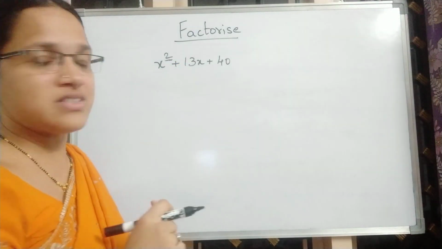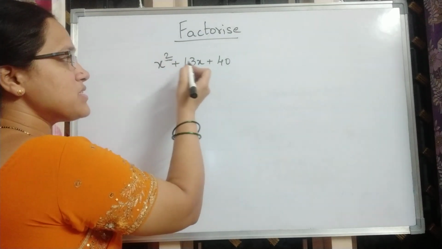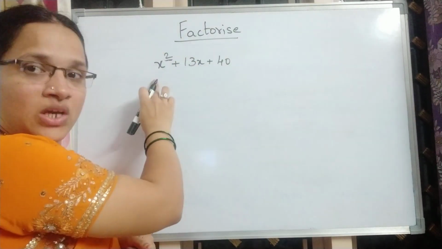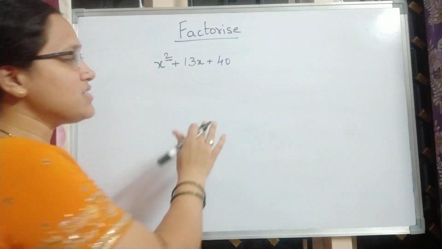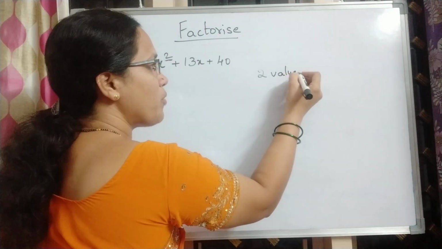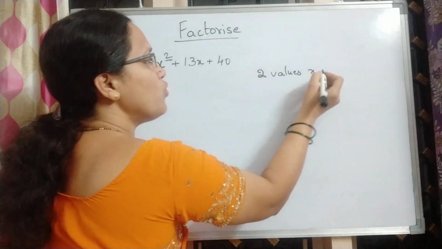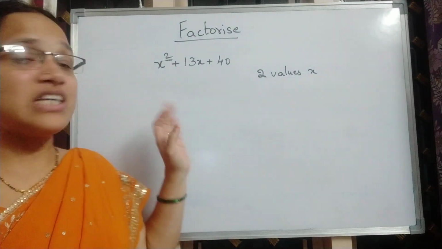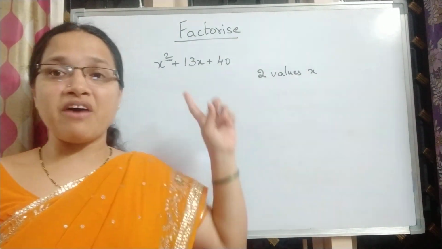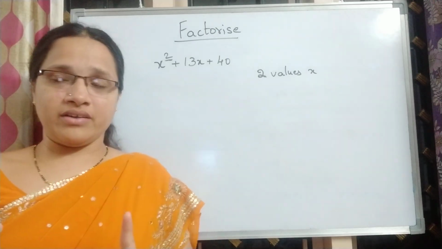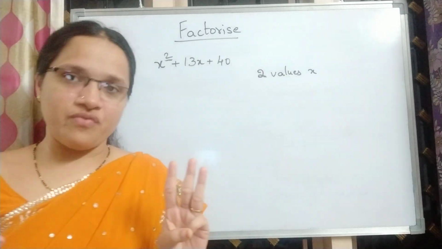First and foremost thing is, children, when it is x square plus 13x plus 40, the degree of the equation is 2, it means that you will get 2 values of x. How many values of x? 2 values of x. If it is a cubic polynomial, that means power 3, x power 3, then you get 3 values of x.